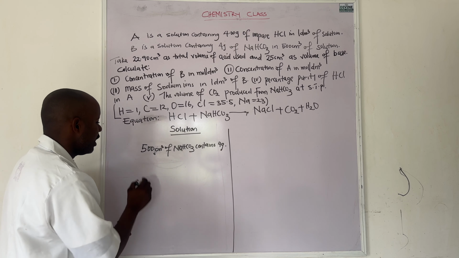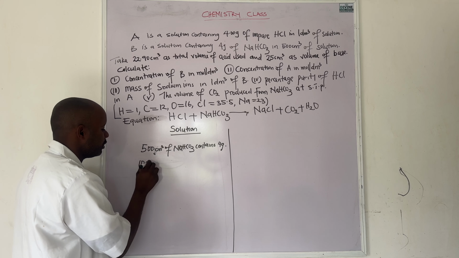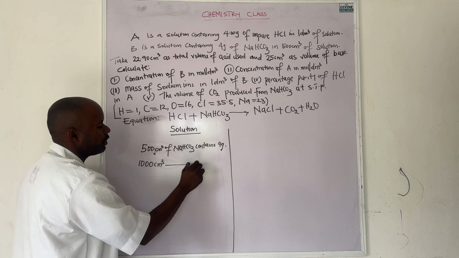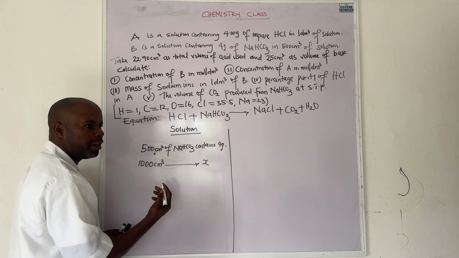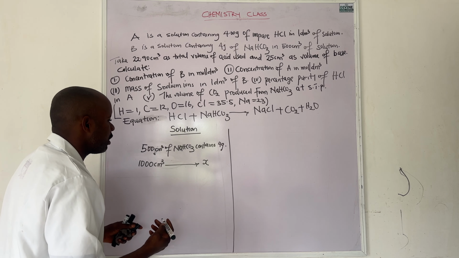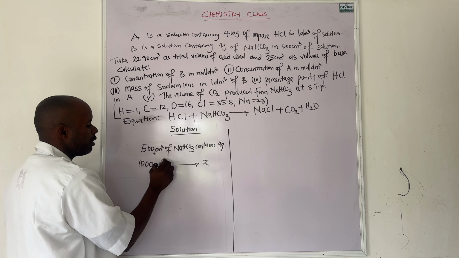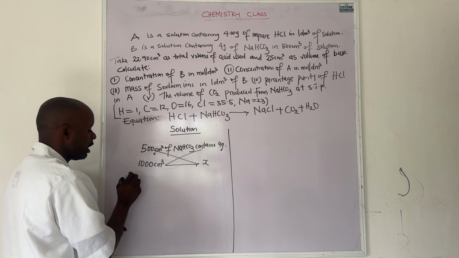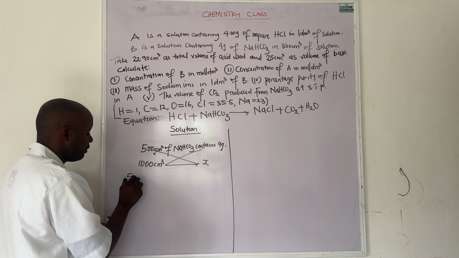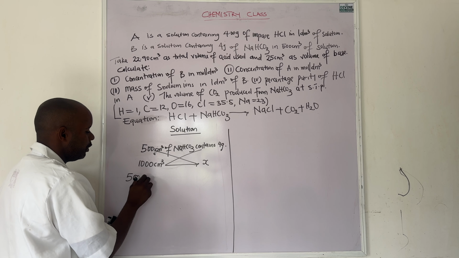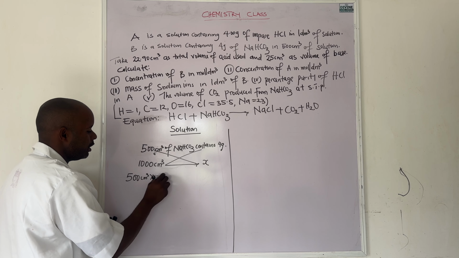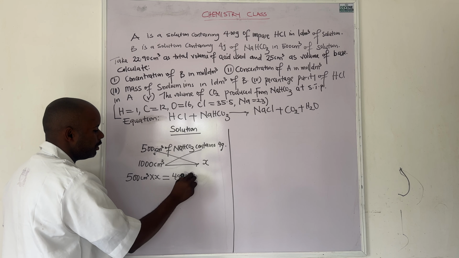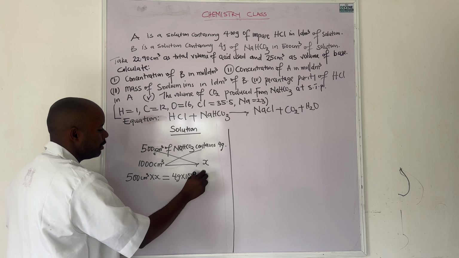So that is to say, how much more is in 1000, that is 1 dm cube of this substance, which will give us S. So we're going to solve for the mass concentration of sodium hydrogen trioxocarbonate IV in 1 dm cube. So we're going to cross multiply so that this equation can be linear. So we're going to have 500 cm cube times S equals 4 gram times 1000 cm cube.